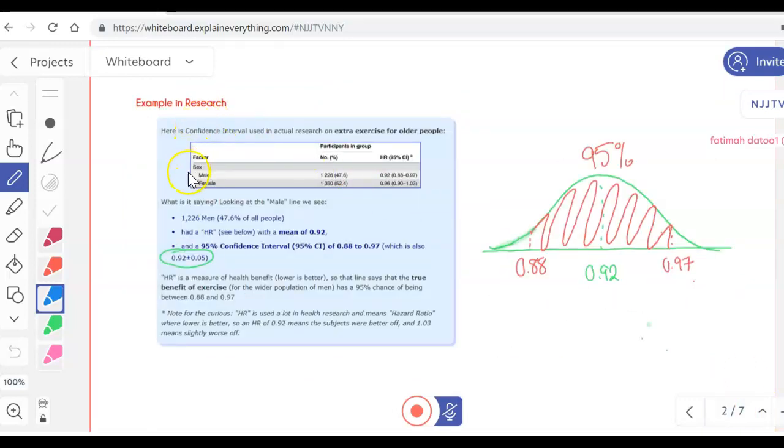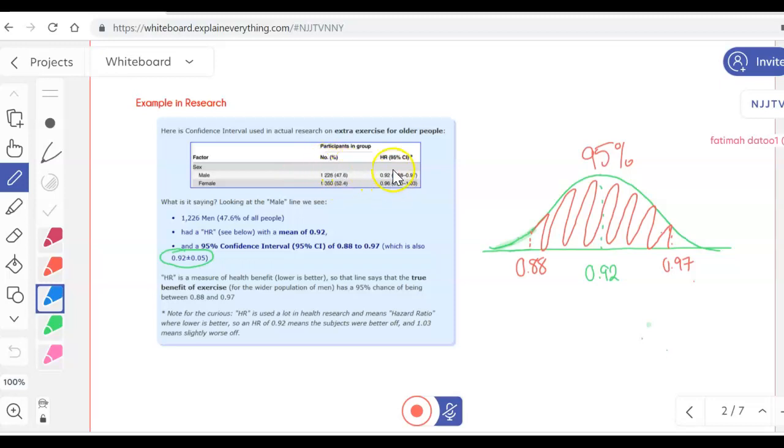And here is an example of a table that you might see in a research paper or a journal article. What this is saying is they're looking at whether extra exercise for older people is good. Here we have males, and they looked at, to be more specific, 1,226 males.